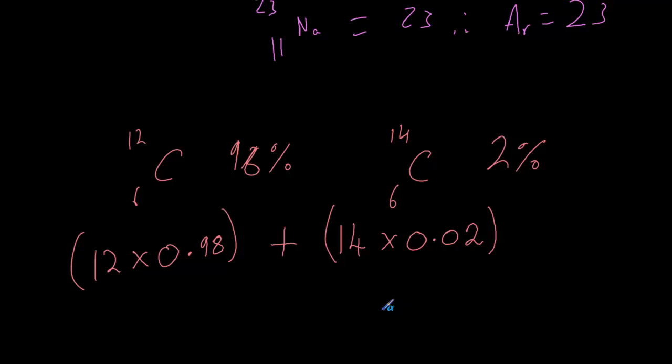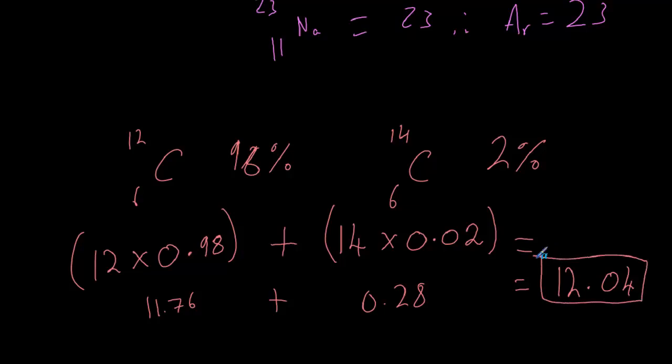Now you plug this into your calculator and you will get 11.76 for your carbon 12 and 0.28 for your carbon 14. You add those together and you will of course get 12.04. And so our relative atomic mass of this sample of carbon is 12.04.